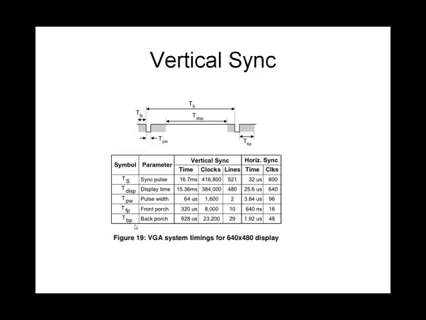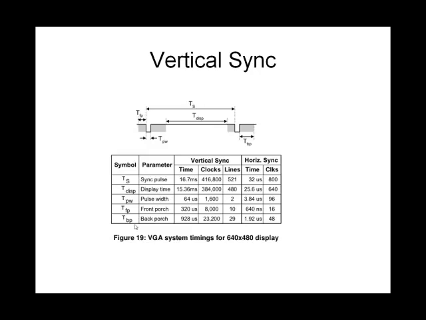The vertical counter is similar to the horizontal counter in that it has a display region, a front porch, a sync, and a back porch region. The primary difference is that the vertical counter should only be incremented at the end of each line rather than at the end of each pixel clock. And the amount of time in each region is different.